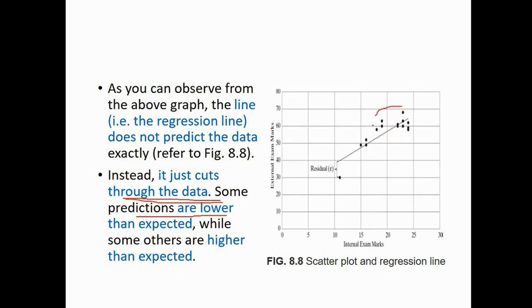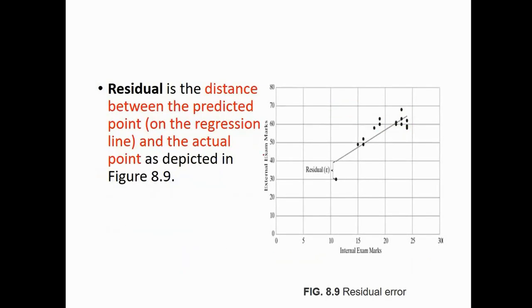So when you see these values, they are all above the values predicted on the line. Some values are below the values predicted on the line. So therefore, they are not exactly fitting. This difference between the predicted value and the actual value is called the residual value.